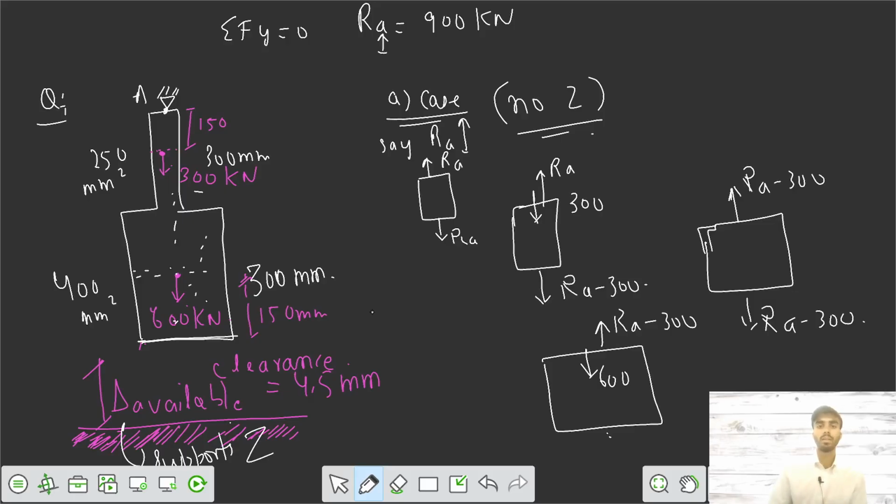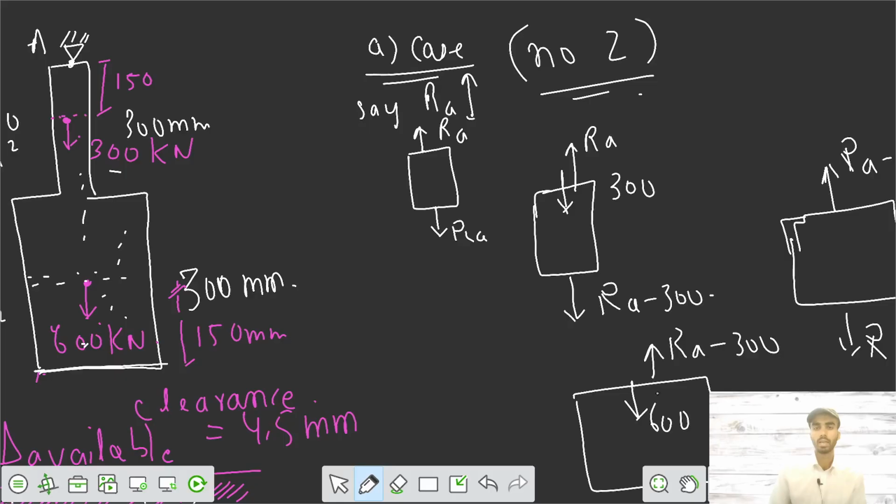If Ra is 900 kilonewton upwards, it is 300 downwards. So net is your 600 upwards. So it's 600 minus 300. Net comes out to be 300 upwards, and minus 600 downwards. So minus 300, downwards.